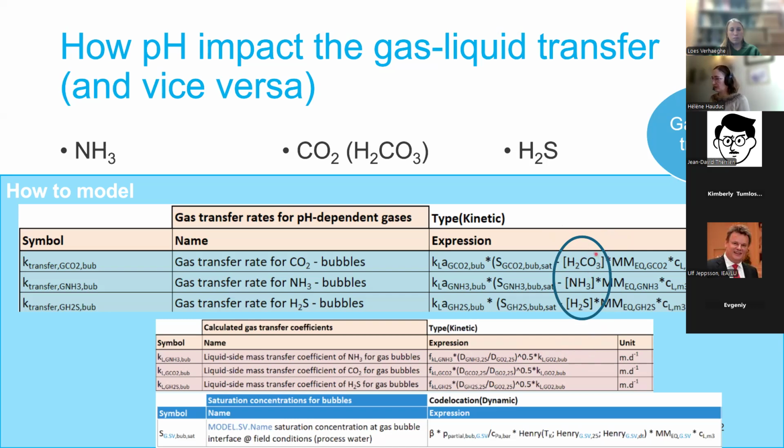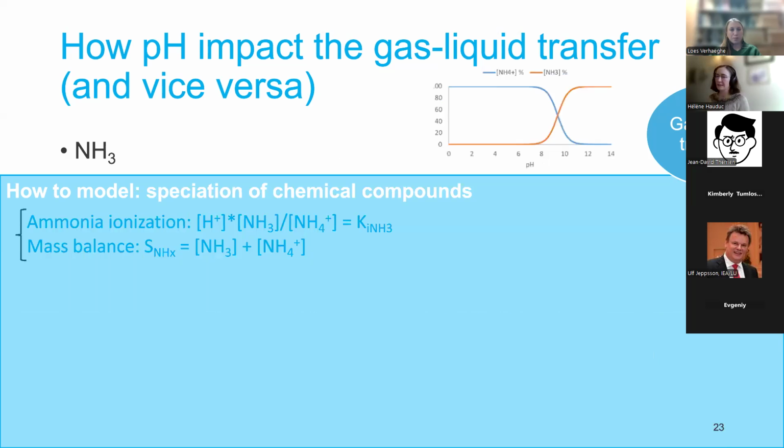It's only the uncharged species that will be stripped and that we should consider in this equation. And so those concentrations are calculated based on the speciation.